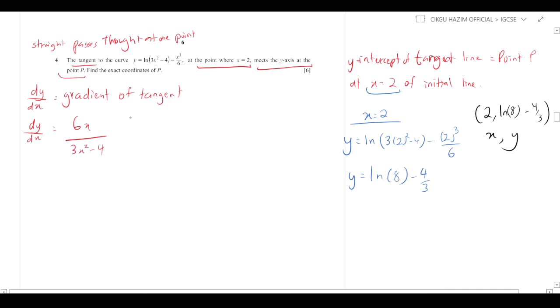That's how we differentiate the log natural equation. And here, the minus is negative 1 over 6 to the power of 3, and here is going to be 3 over 6x squared. Or I simplify, dy/dx is going to be 6x over 3x squared minus 4, minus 1 over 2x squared, or x squared over 2, still the same thing. So that's your dy/dx.